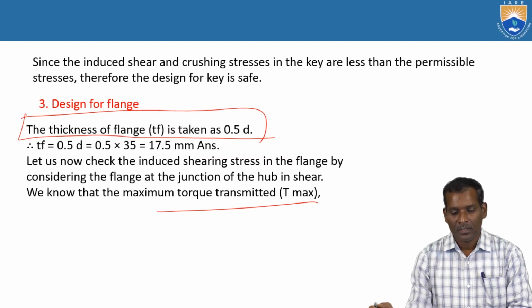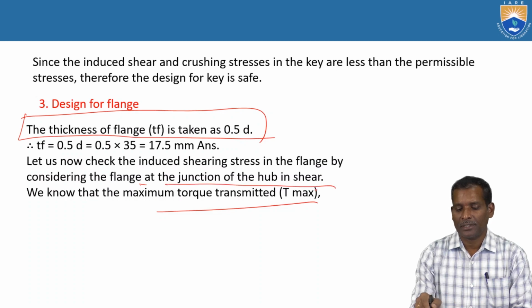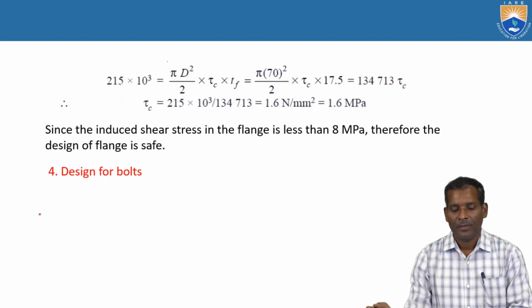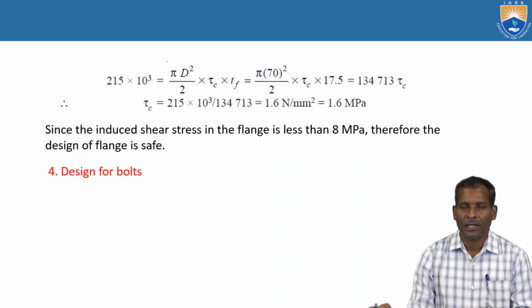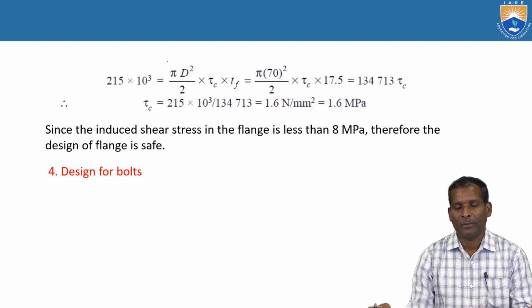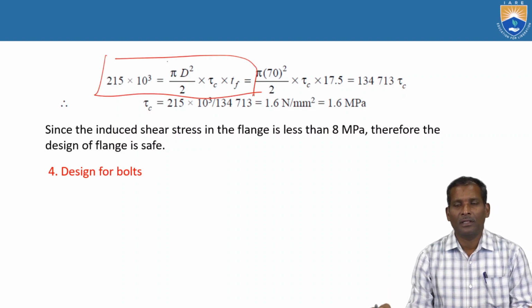Here, we consider the flange at the junction of the hub in shear. As we have already calculated in the clamp coupling, take that relation.